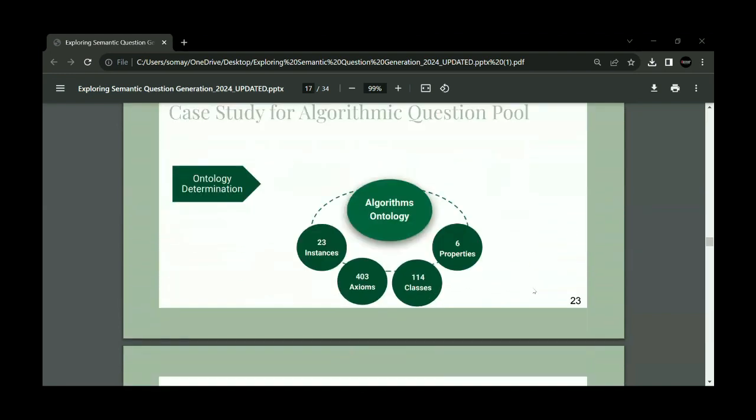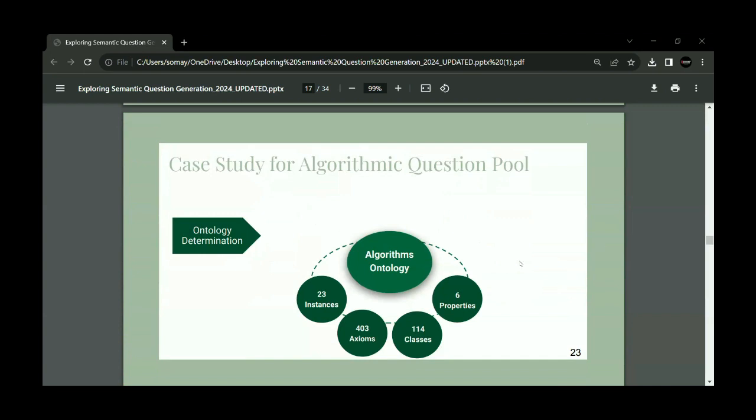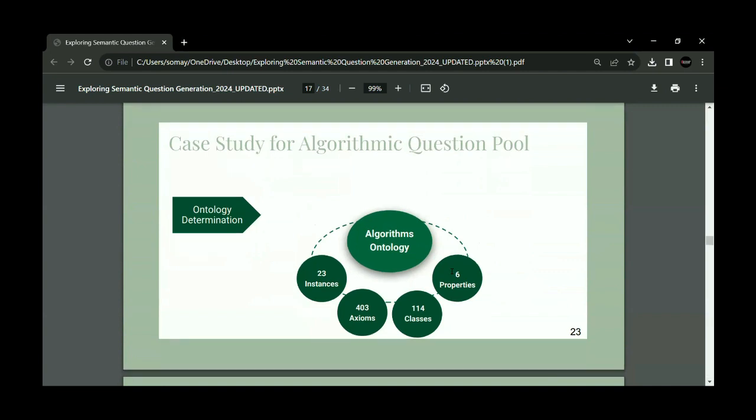So in our study, we are interested in the algorithm domain, so we use the algorithms ontology. This ontology was created by experts in computer science. The experts are professors in the computer science domain.